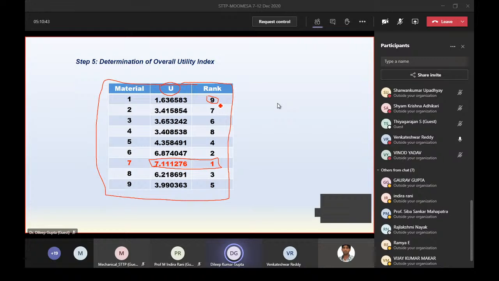Ultimately, by using this different method, what are we trying to find out? We are trying to find the SN ratio. If you remember, in the SN ratio table with C1 and C2 repetitions, we took the average and then calculated the SN ratio. Instead of that, put this value in place of the average of C1 and C2, and you do not need to calculate the SN ratio after that.